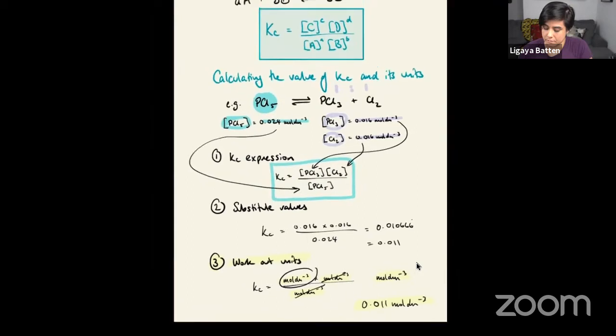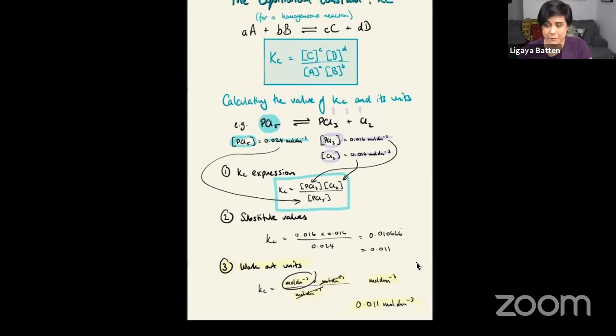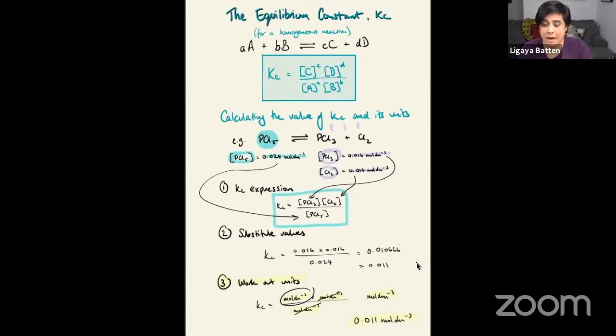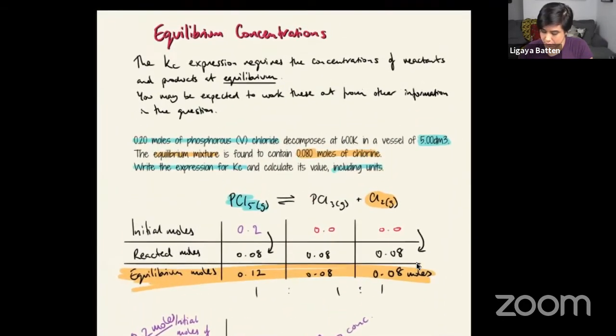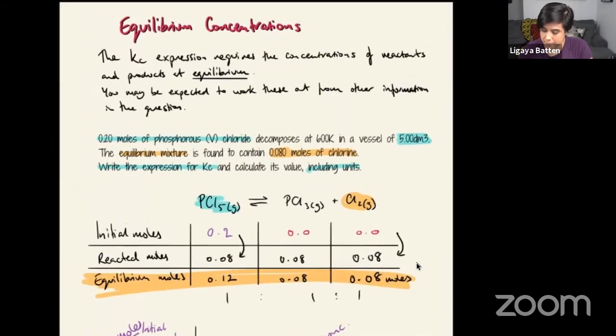So maybe this seems straightforward, maybe you're still a bit confused by this, but unfortunately it's not always this simple. Usually questions will not just give you the concentrations of your reactants and products at equilibrium, and you're likely to have to calculate that from experimental data or other information. So this is an example of what you need to do in order to do that.